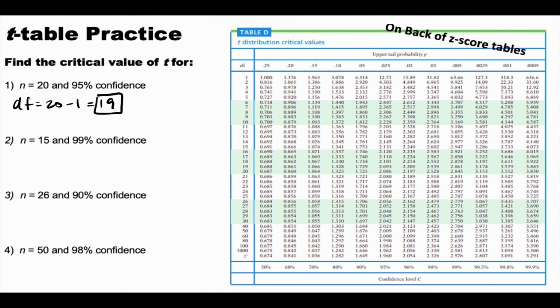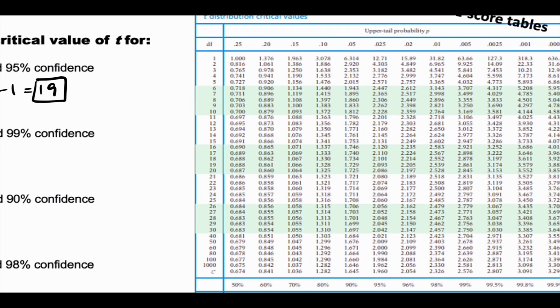I have 19 degrees of freedom. 19 of the numbers in my sample could be whatever they want, but the 20th has to be a certain number to make it correct. Once you get your degrees of freedom, you go to the column that says DF at the top. Degrees of freedom for this one is 19, so I'm going to go right to the one that says 19.